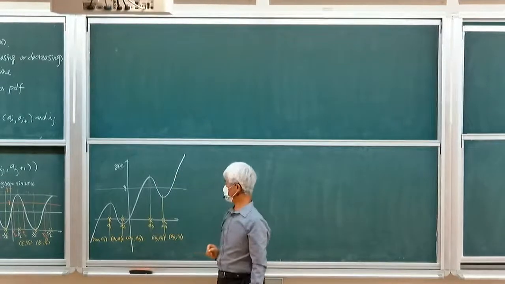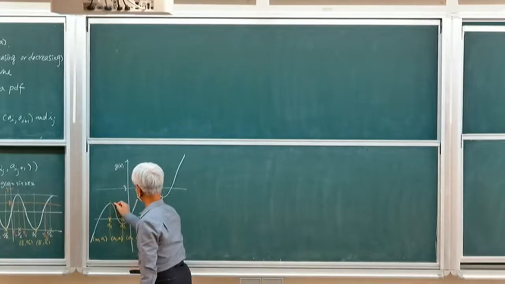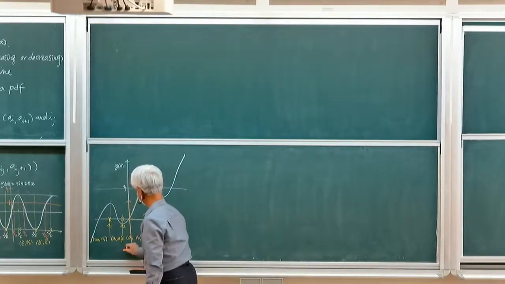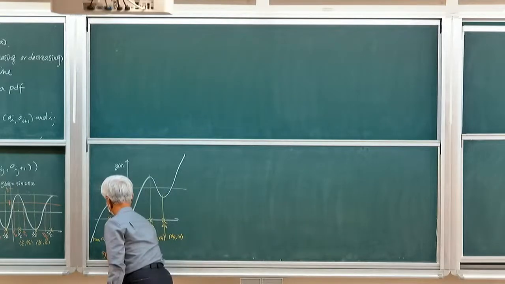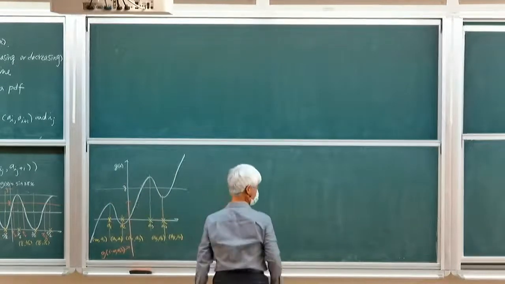So we have 4 partition points. And the range for the first piece would be G of minus infinity, A1. Okay, this is 1.